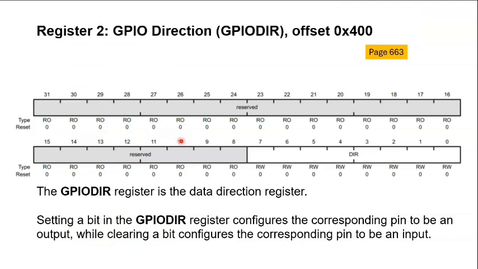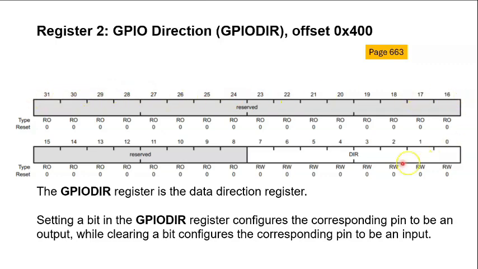And we'll take a quick look at the GPIO direction register, DIR, that we have mentioned here. I've taken this from page 663. This is a quick reminder. Viewers of this channel will have encountered this before, but I will briefly mention it.